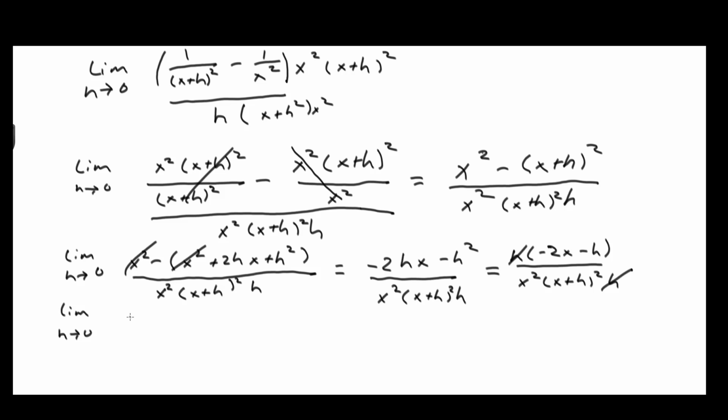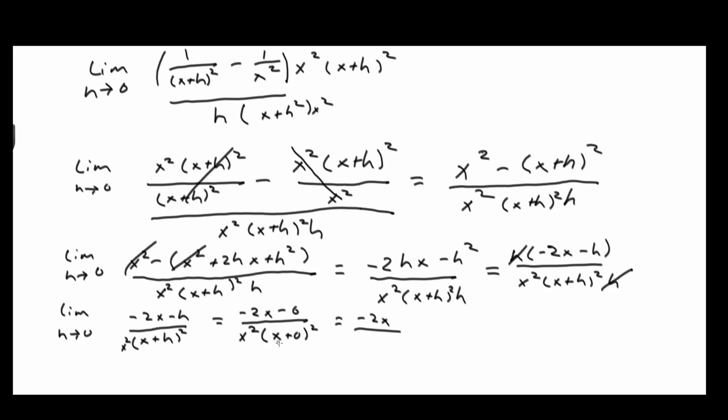So we have a negative (2x + h) over (x + h) squared, x squared. And then from here we can just go ahead and plug in 0 for h. So we have negative 2x minus 0 over x squared, (x + 0) squared, and we end up with negative 2x.